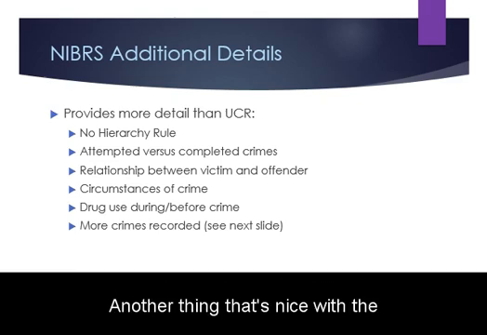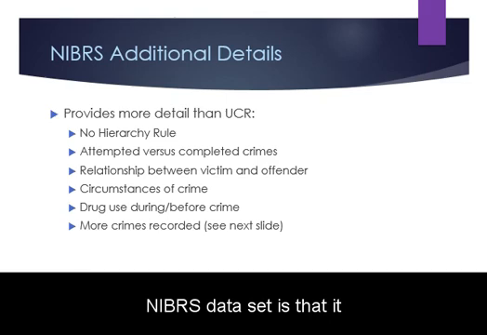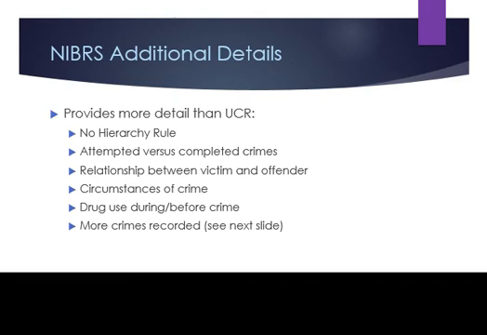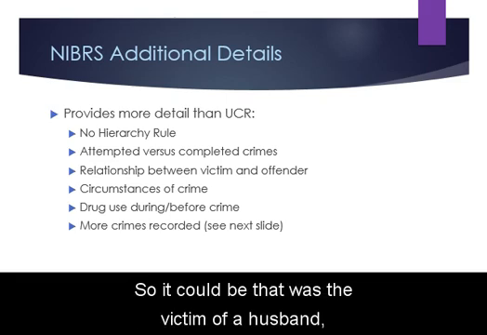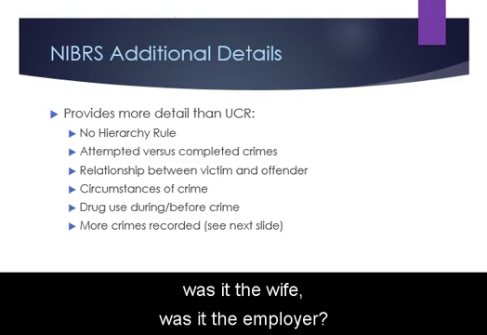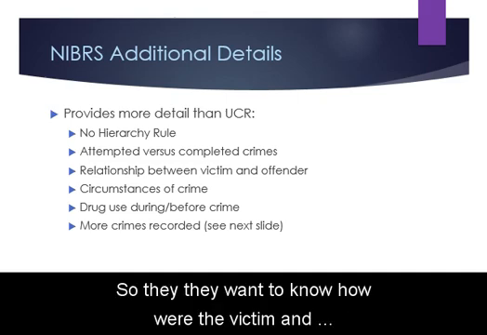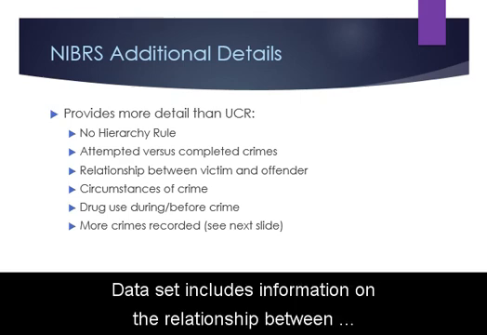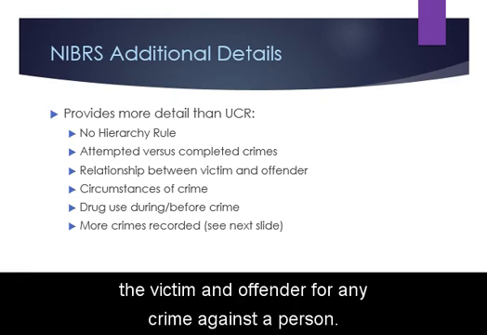One other thing that's nice with the NIBRS dataset is that it documents the relationship between the victim and the offender. So it could be, was the victim a husband, was it the wife, was it the employer? They want to know how the victim and offender were related. In NIBRS, the dataset includes information on the relationship between the victim and offender for any crime against a person.